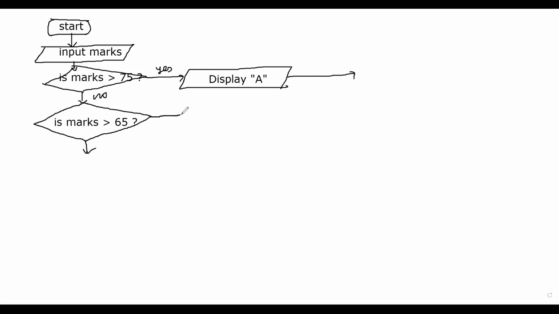So in the second one, it will be like this. If it is yes, then you are going to display B. So we will draw it as an output. Then it will be B. And you have to go to the end, but for the time being, I will put this as an error, right?